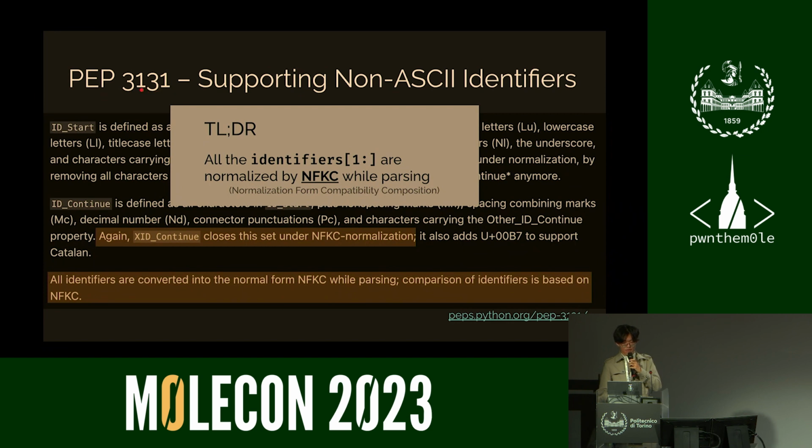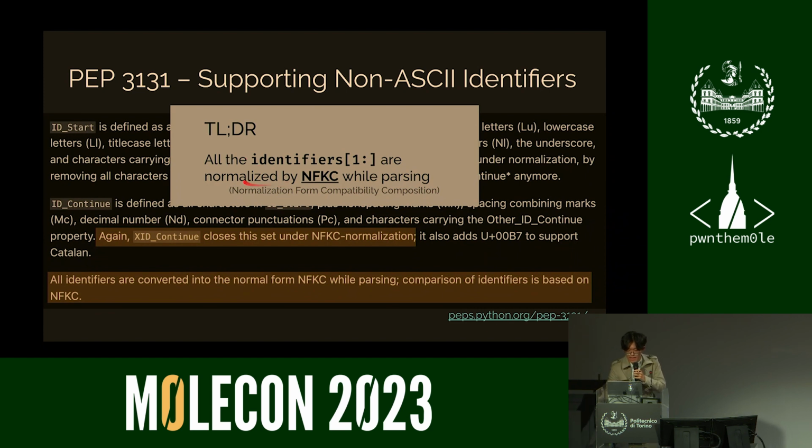In PEP 3131, it says Python wants to support some non-ASCII identifiers. That's fine, we can put emoji into our variable names. It's cursed, but that's cool. But besides that, they also do some pretty weird stuff.